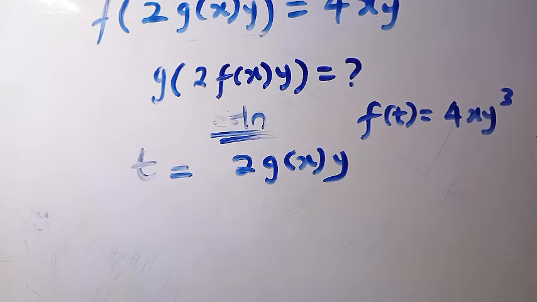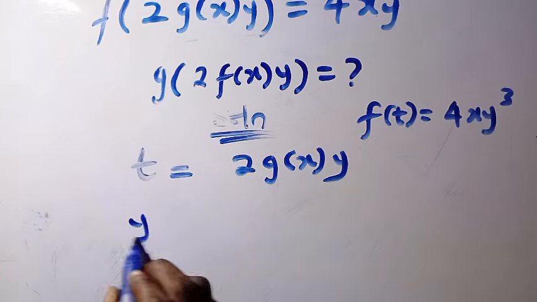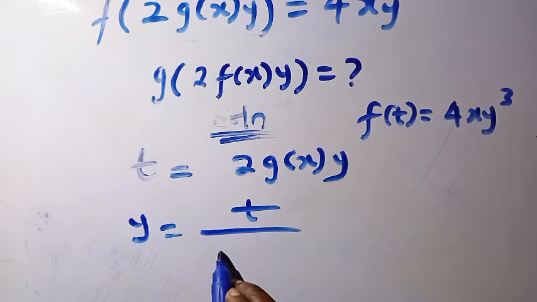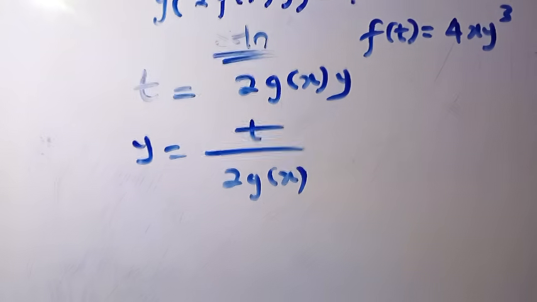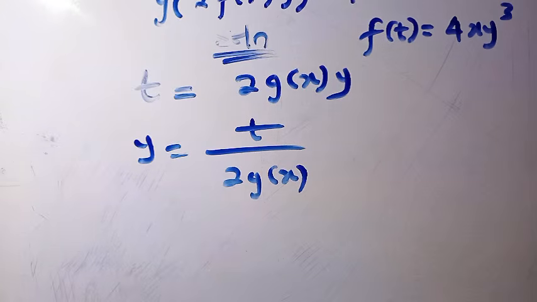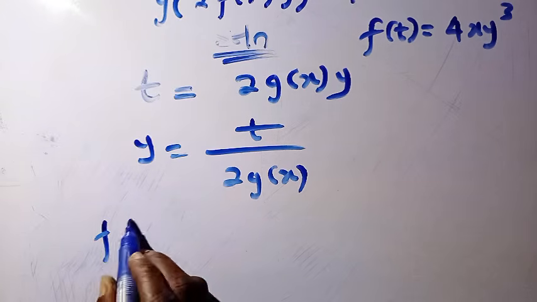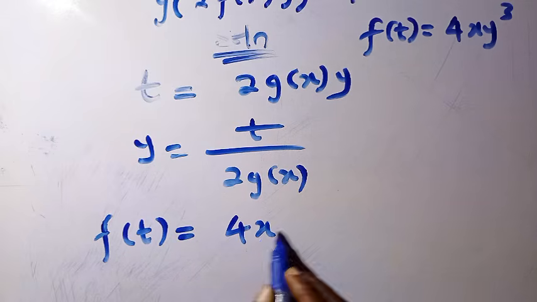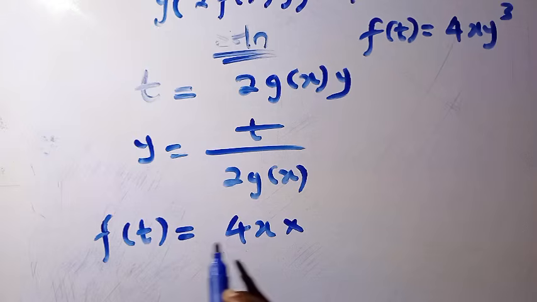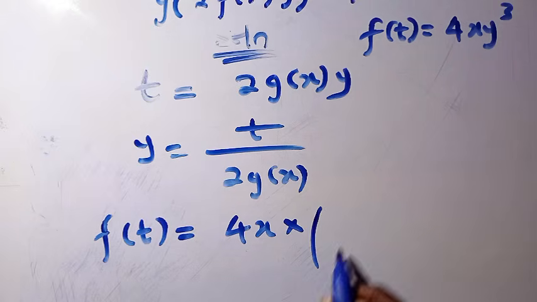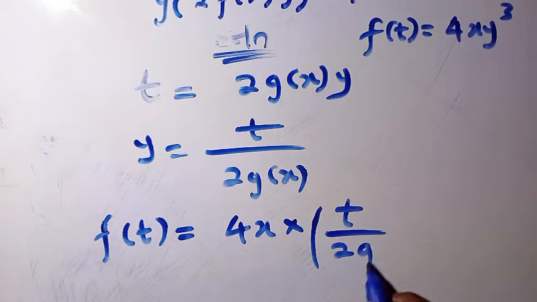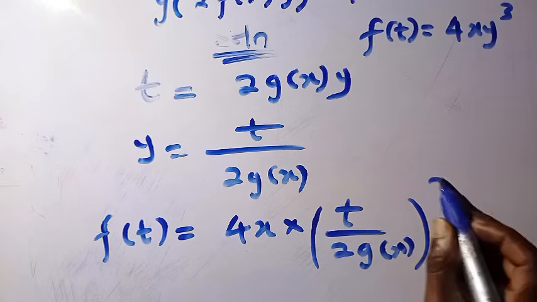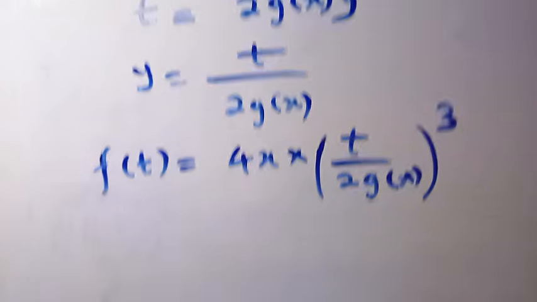And after that, let's try to make y the subject of the formula, and we have y equals t divided by 2g(x). So let's substitute back into f of t. We are going to have 4 multiplied by x, then multiplied by y, which is now t divided by 2g(x), all raised to the power of 3.